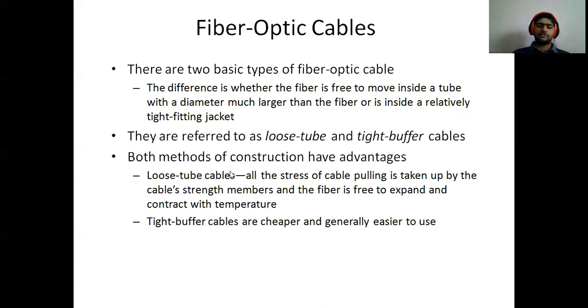Loose tube cables: all the stress of cable pulling is taken up by the cable strength members, and the fiber is free to expand and contract with temperature or whenever required. Tight buffer cables are cheaper and generally easier to use, but they cannot expand or contract like loose tube cables.